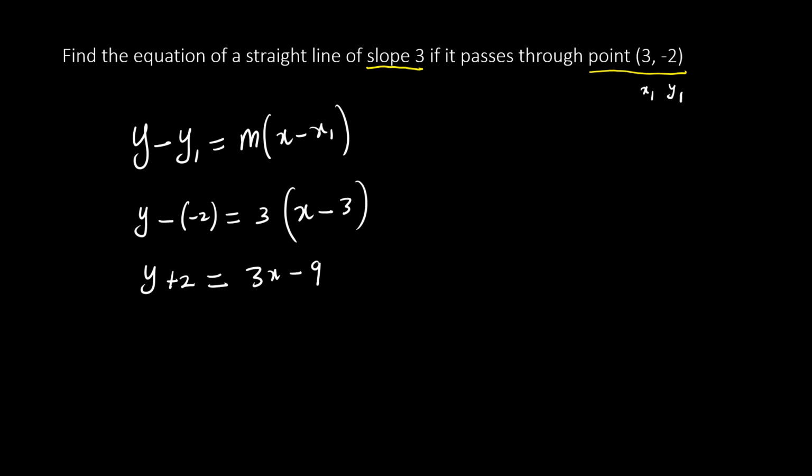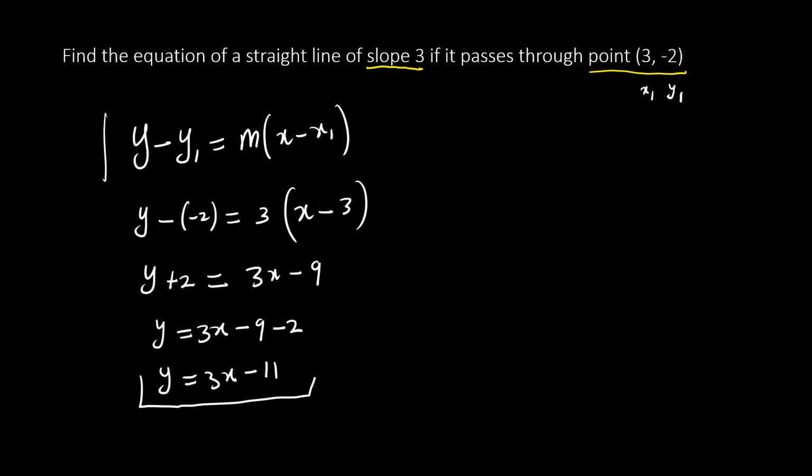And to collect like terms, we have y equals 3x minus 9 minus 2. And this is y equals 3x minus 11. This is the equation of the straight line: y equals 3x minus 11. To put it simply, this is how we can find the equation of a straight line where we have one gradient and one point. Remember, this is the formula.